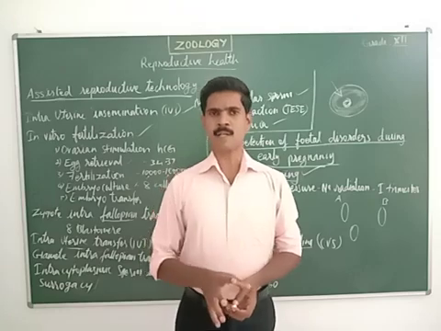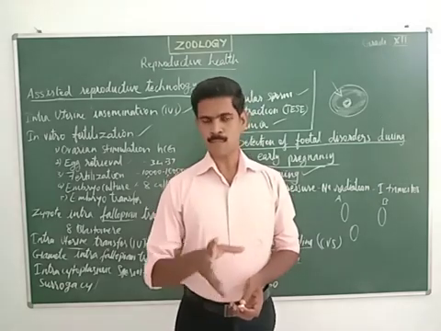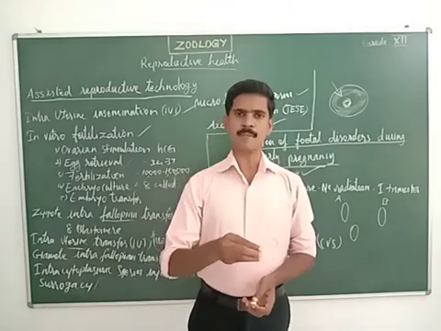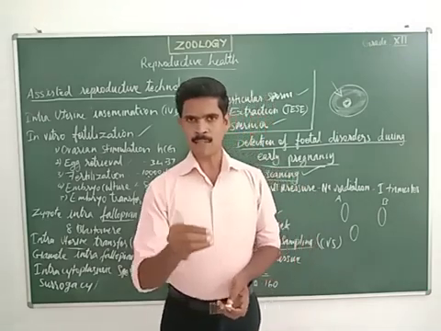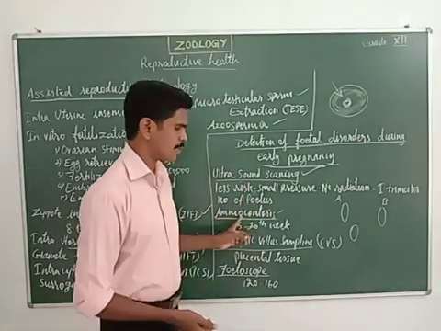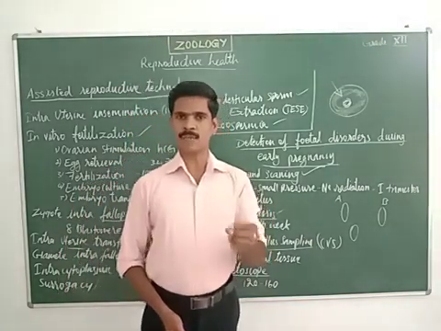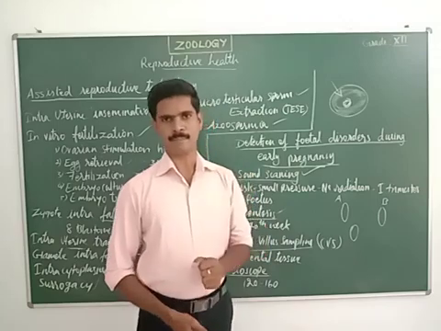The first extra embryonic membrane is called the amnion. The amnion is a double layer membrane, and inside this amnion a fluid is present. This fluid is called amniotic fluid. To do this amniocentesis technique, a small amount of sample fluid is taken from the amniotic fluid.